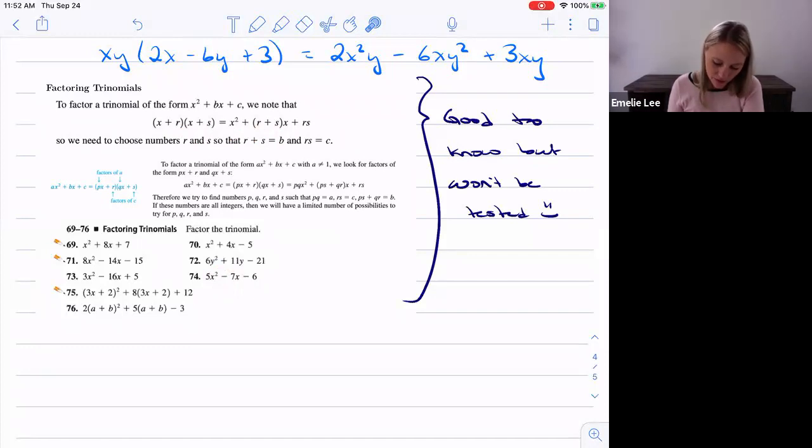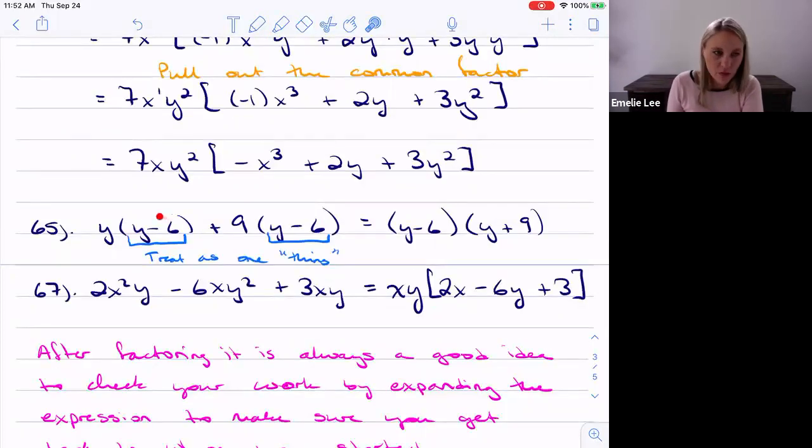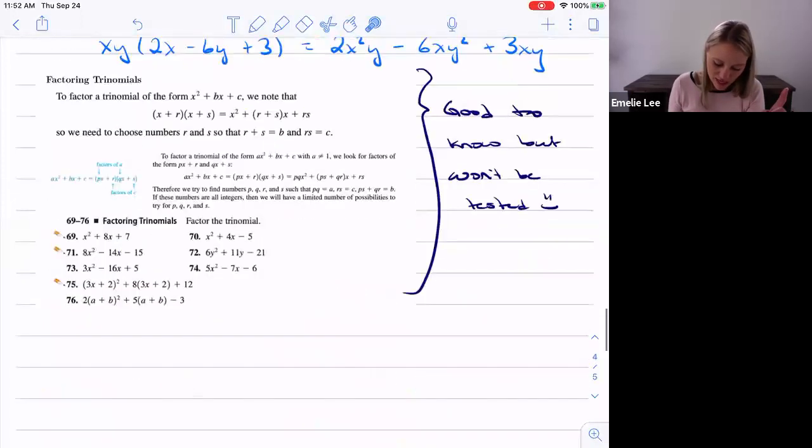Just as a heads up though, just like we saw earlier where the trick was to treat y minus x as one thing, if you treat a plus b as one thing, and let's say that one thing is x, then you've got 2x squared plus 5x minus 3, which all of a sudden is very reasonable to deal with.